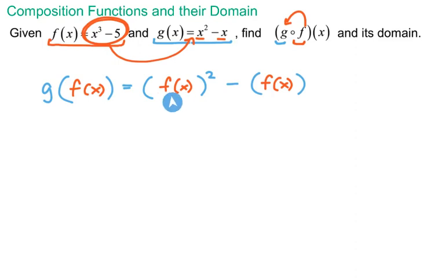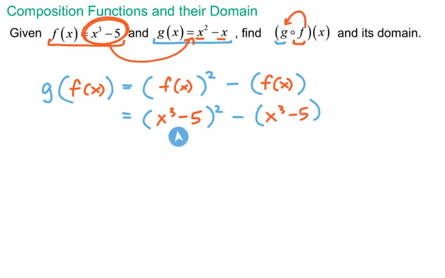I'm writing this in an exaggerated manner to help you see what we're doing here. In this problem, I probably wouldn't actually write f of x. I would go ahead and write the function that I'm plugging in, x cubed minus 5, and then we have x cubed minus 5.